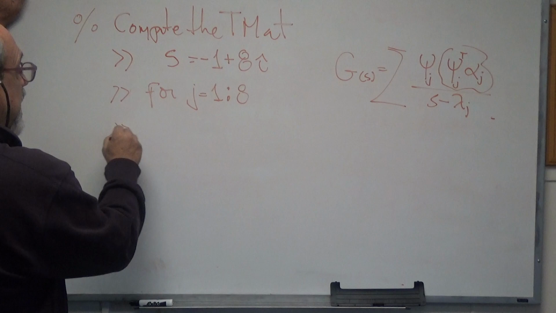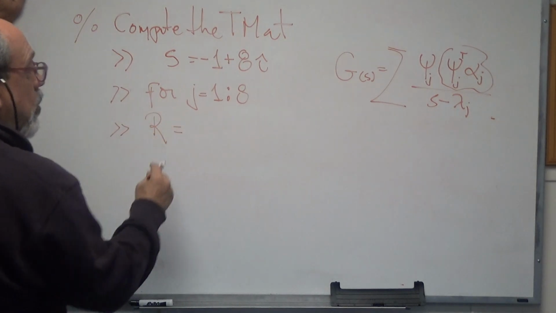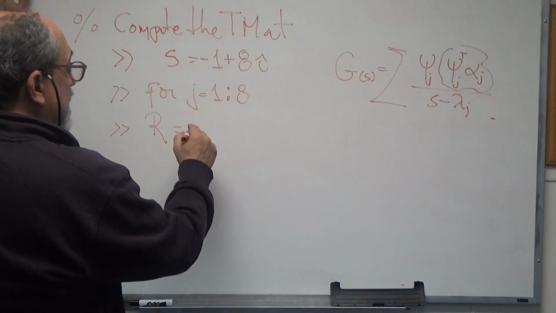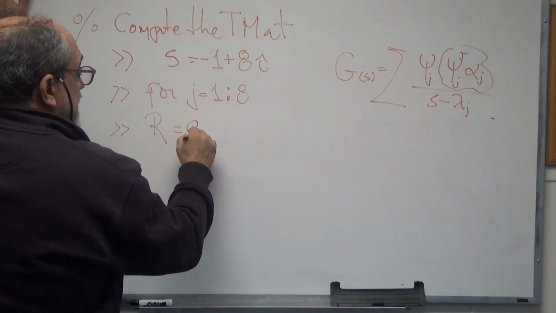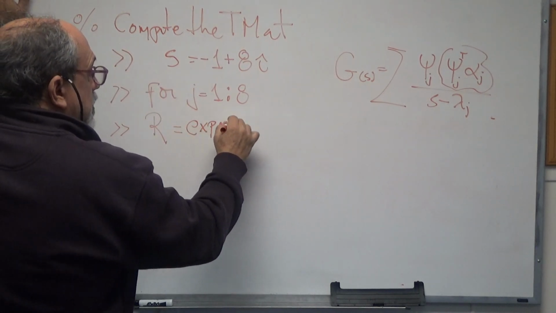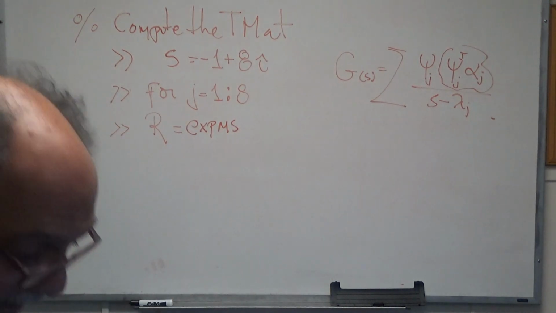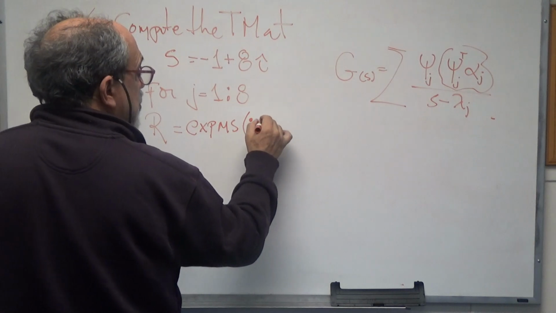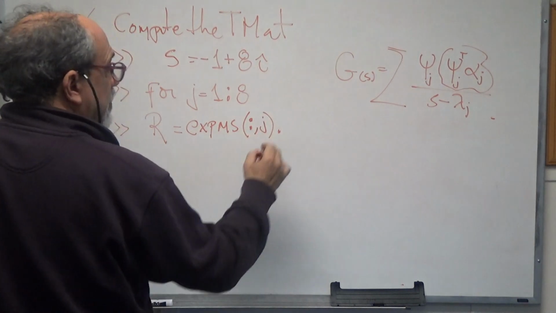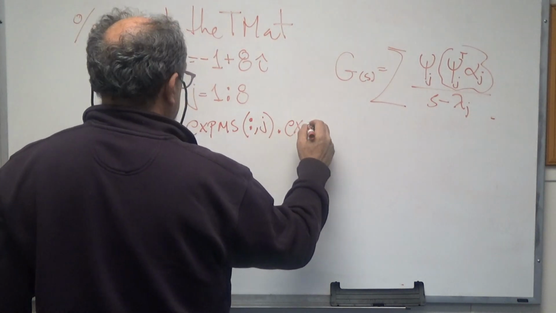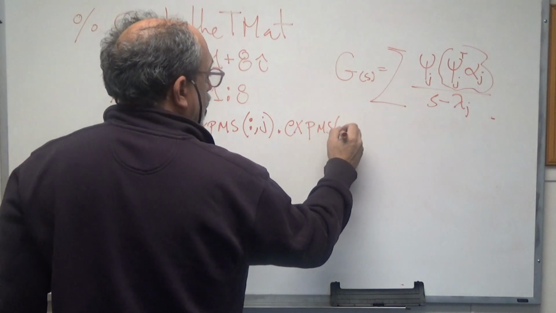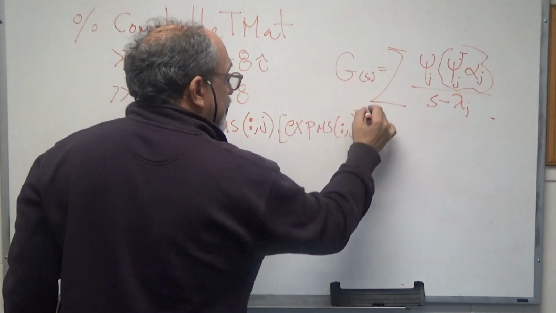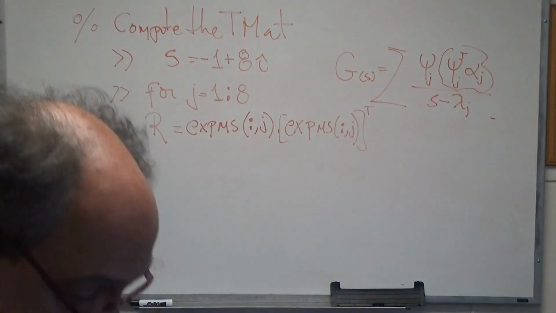And basically, in this case, we just do that simple loop, and so we can say, for example, R is equal to expanded, or oops, I forgot how I called it. Let's say expanded mode shape, all the rows, column J, times expanded mode shapes, all the rows, column J, transpose, right?